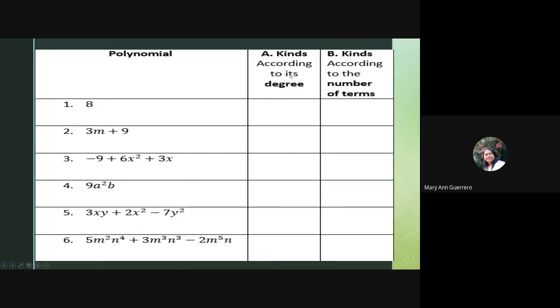So, yan. Kinds of polynomial according to its degree, according to the number of terms. So, the number of terms muna tayo mas madali. So, this is a monomial. And this is 0 degree or constant. So, ganun. Okay? So, this is a binomial. Okay. And its degree is linear.